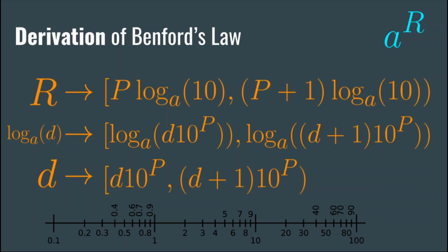Here, 10 to the power of p represents the digit placeholder, and the leading digit only depends on what value d is. Now, since the interval is uniform, the probability of digit d is the length of the interval containing d over the entire interval. That is, the probability becomes this expression.